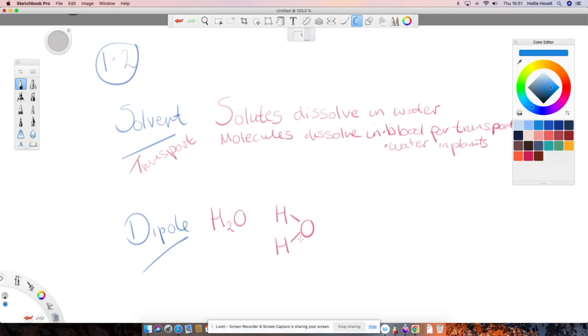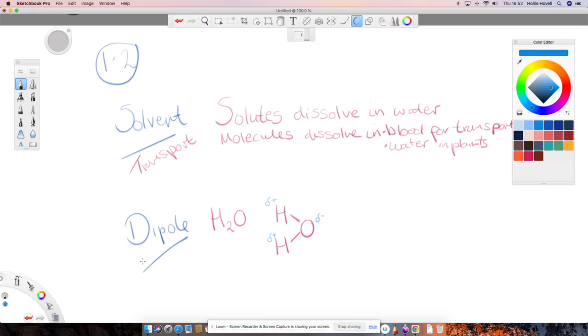Because they're slightly charged, we use this little symbol to show that it's a slight charge. So the hydrogens are slightly positive. So we draw it like this, slightly positive. And the same on this one, slightly positive. That's what that means, okay? And the oxygen is slightly negative.